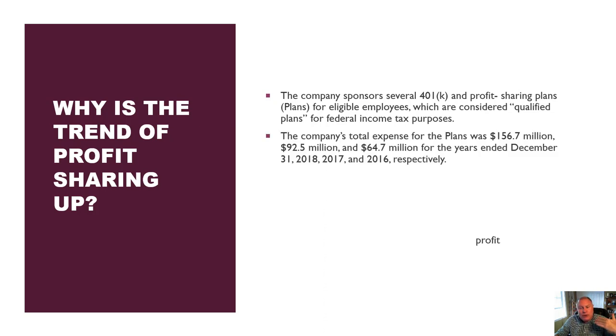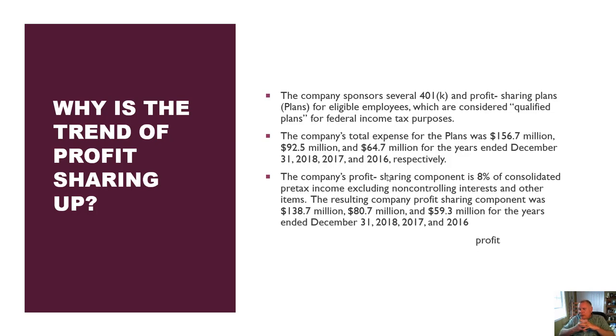The company's total expense was $156.7 million, $92.5 million, and $64.7 million for the years ending 18, 17, and 16 respectively. So we know what it was. Now, what we found out is that the profit sharing component is 8% of consolidated pre-tax income with certain exceptions.